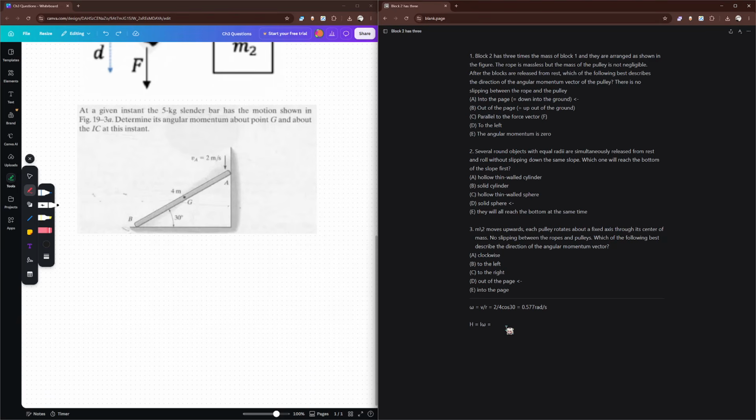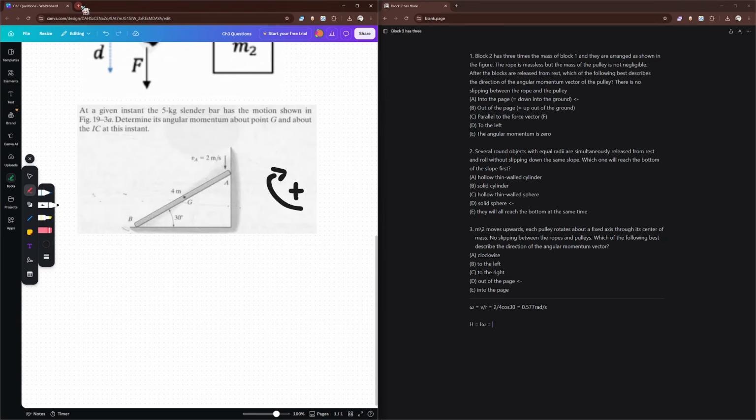And we're taking clockwise as our positive. So I will put that here to the side, clockwise as positive, right? So we're going to get our IG, since this is a slender bar, right?